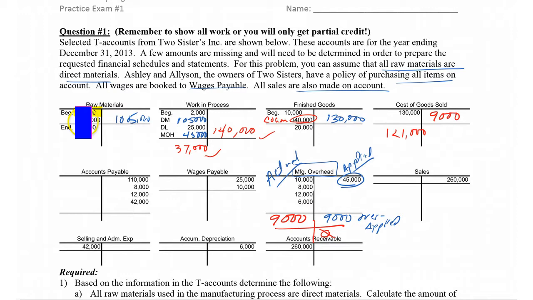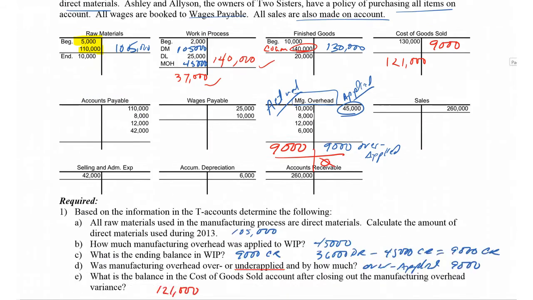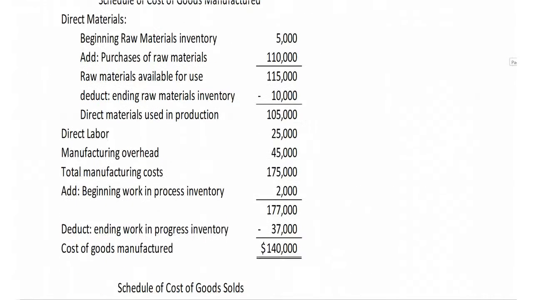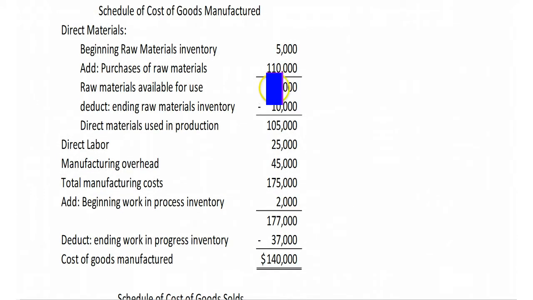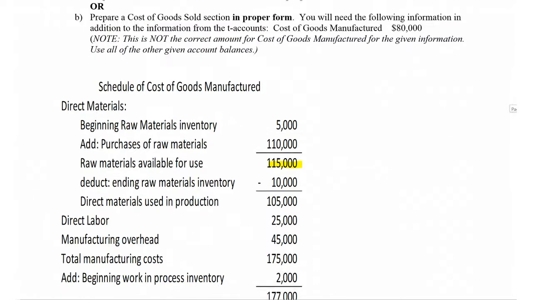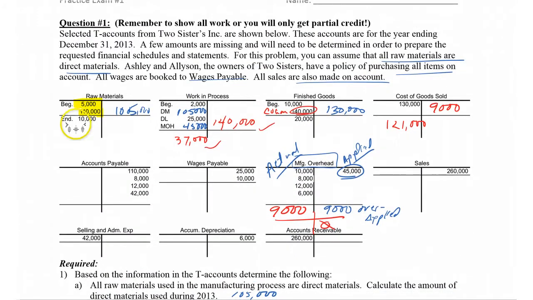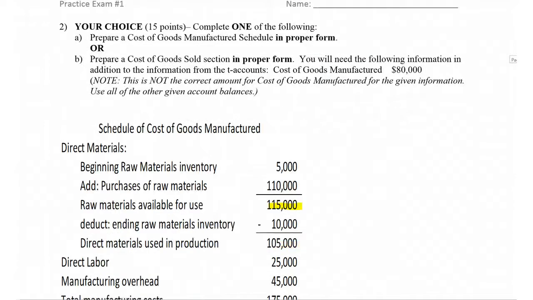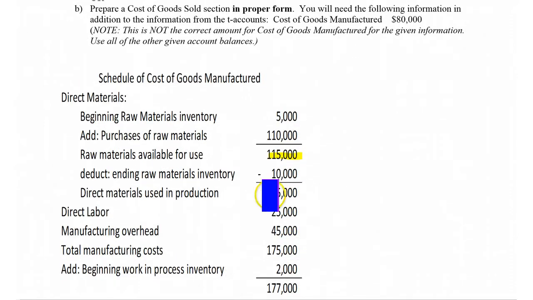The purchase of raw materials is the debit there, so that's 110,000. That gives us goods available of 115. We subtract ending inventory, which is given to us, of 10,000. And that gives us direct materials used in production.